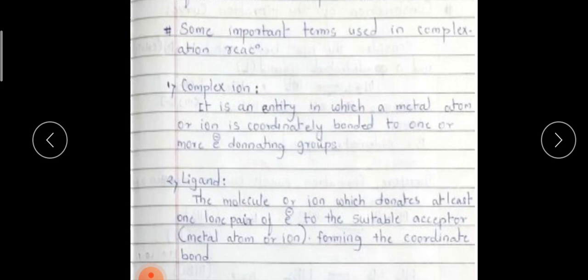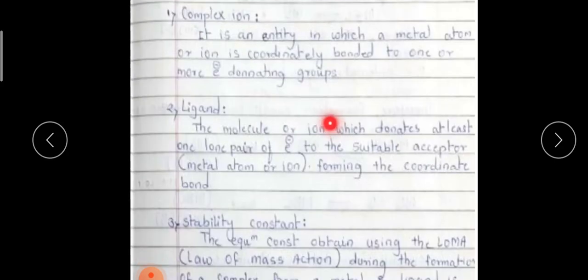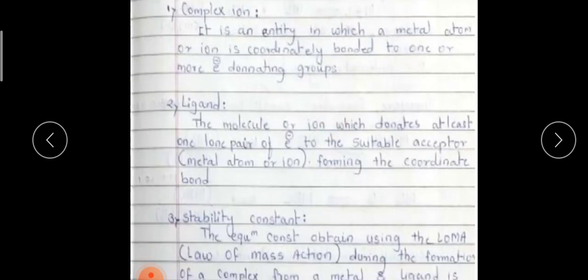Ligand is a basic term you should know because it is useful for MCQ purposes. The ligand is nothing but the molecule or ion which donates at least one lone pair of electrons to a suitable acceptor, that is a metal atom or ion, forming the coordinate bond.